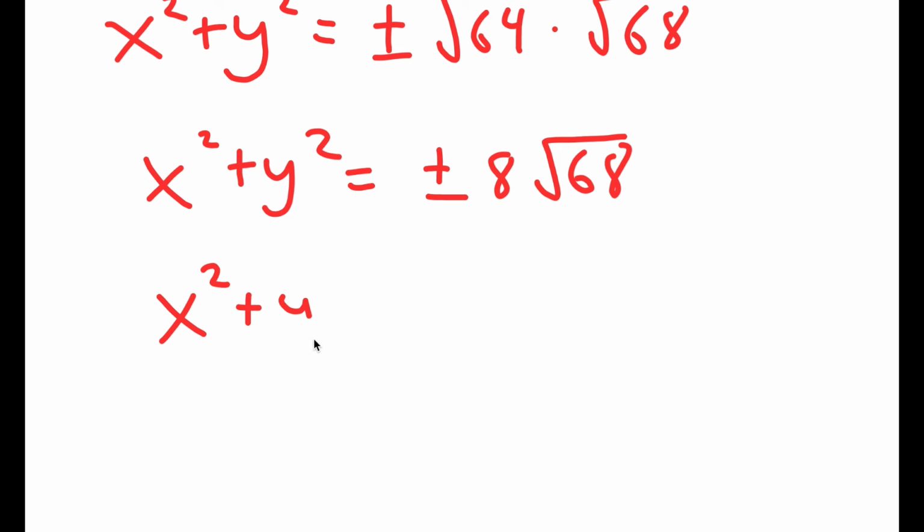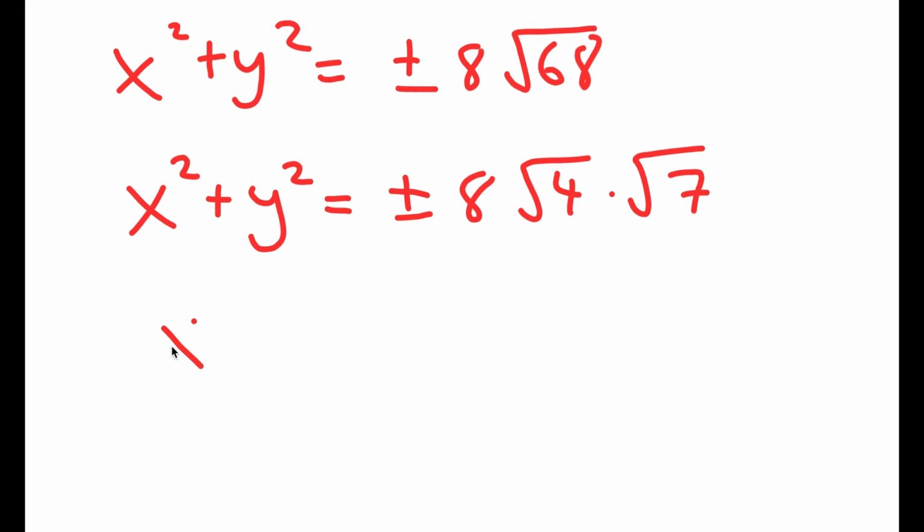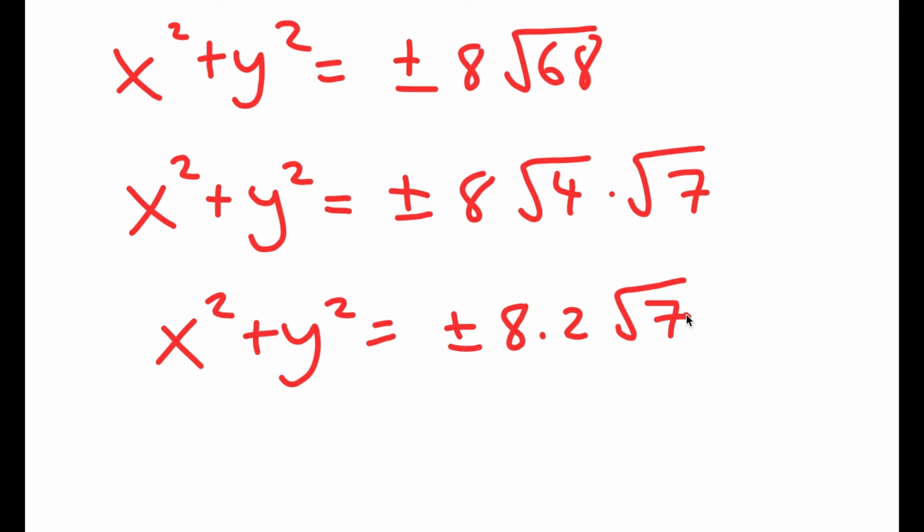Now the square root of 68 is equal to the square root of 4 times the square root of 17. And the square root of 4 is 2. So I get x squared plus y squared is equal to positive negative 8 times 2 times the square root of 17.